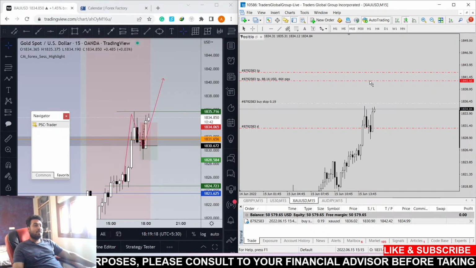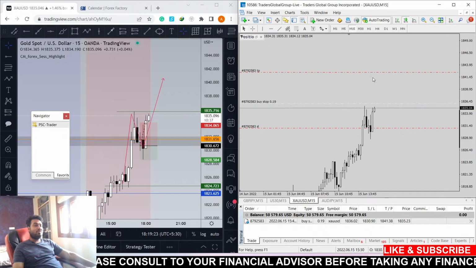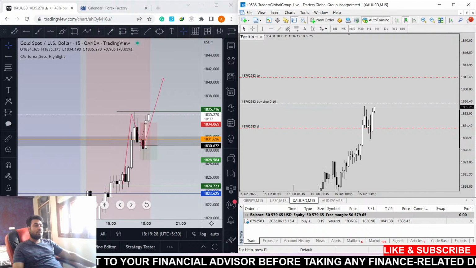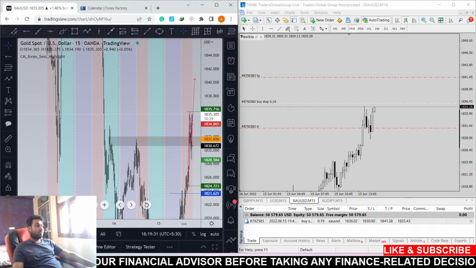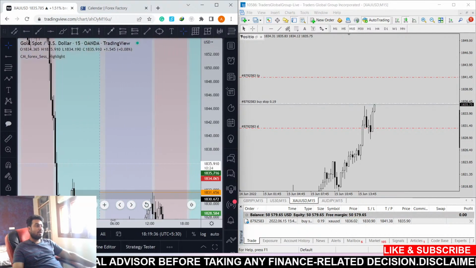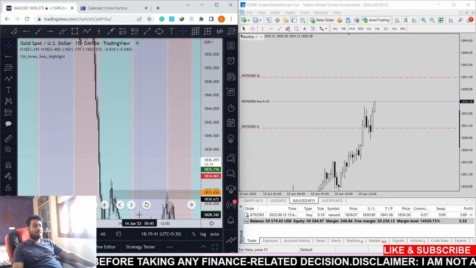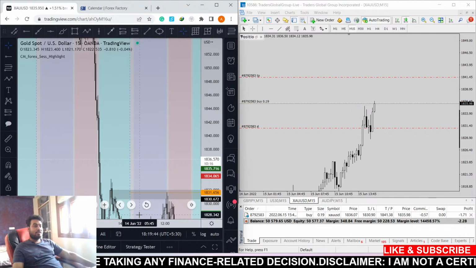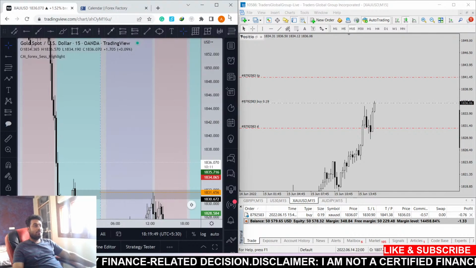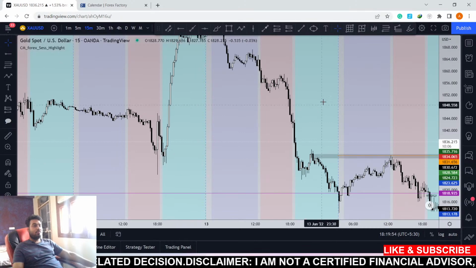To the upside, we are having a nice, clear move. I'm not seeing any sort of problem towards the upside. If it breaks the high, it has just tagged me in. Yes, it has just tagged me in. We have a lot of clear move to the left side.